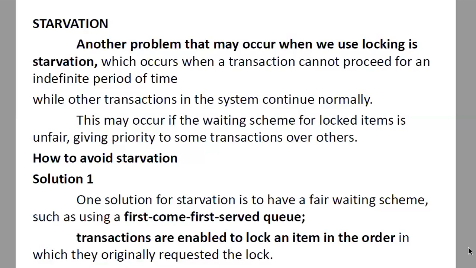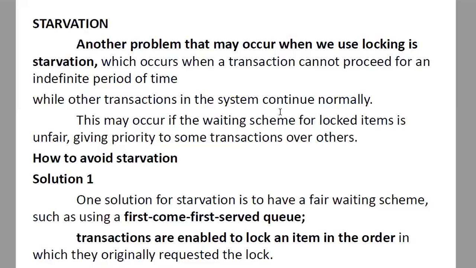For example, if you have transactions T1, T2 and T3, and transaction T1 keeps on waiting for a particular data item X, the data item X is being used frequently or repeatedly by transactions T2 and T3, whereas T1 keeps on waiting for the same data item for, say, an infinite amount of time.